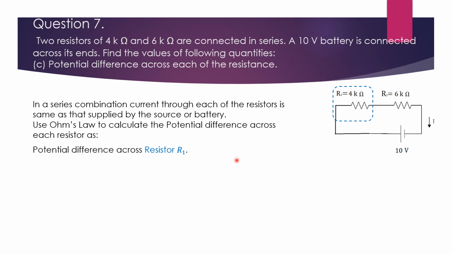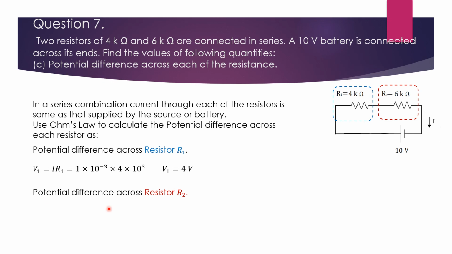The potential difference across R1, which is 4 kilo ohm, V1 is equal to I R1. This is 1 milliampere current I, and this is 4 kilo ohms R1. Now this 10 power 3 and this 10 power minus 3 cancel each other, and the result comes V1, the potential difference across this device, is 4 volts.